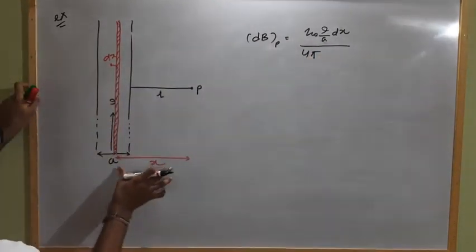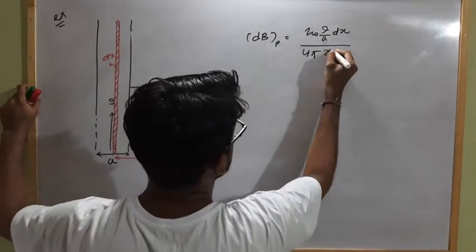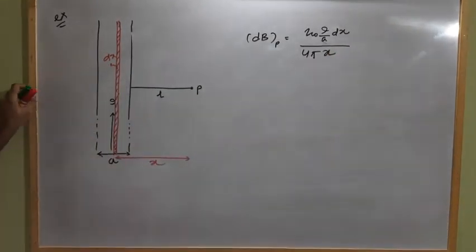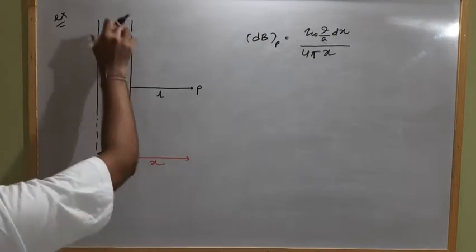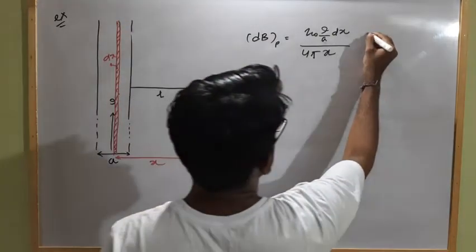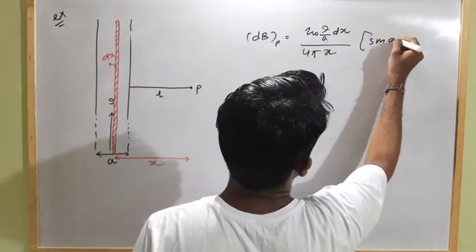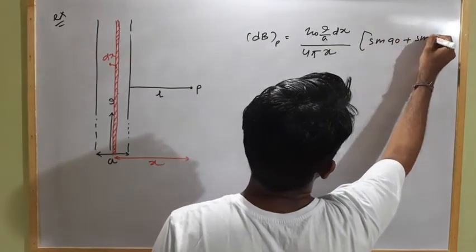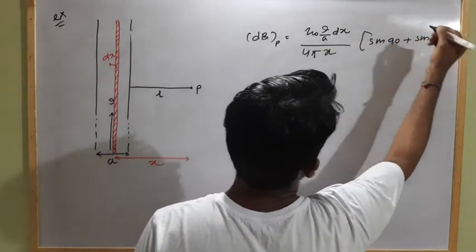In place of perpendicular distance it will become x. Clear? As this is an infinitely long straight conductor, sin theta 1 will be sin 90 plus sin theta 2, which is also 90.